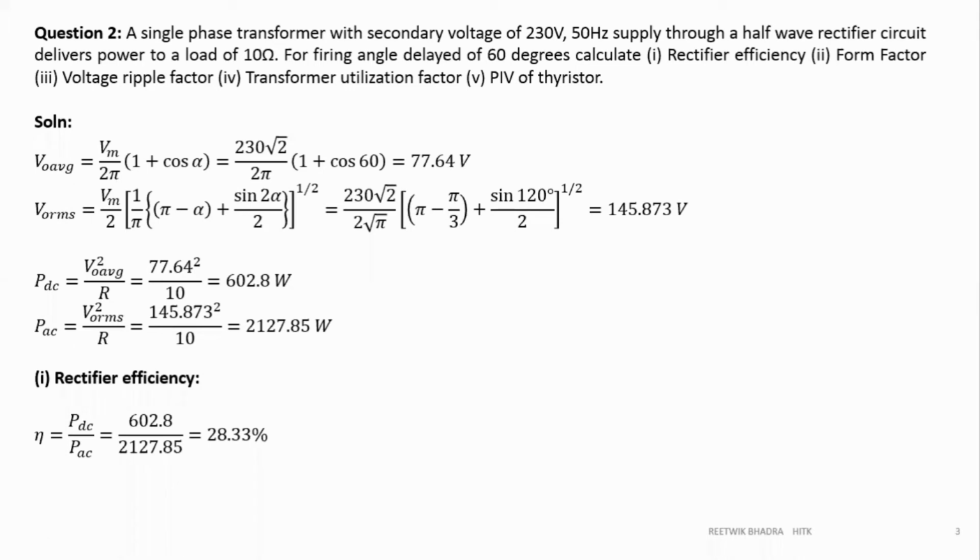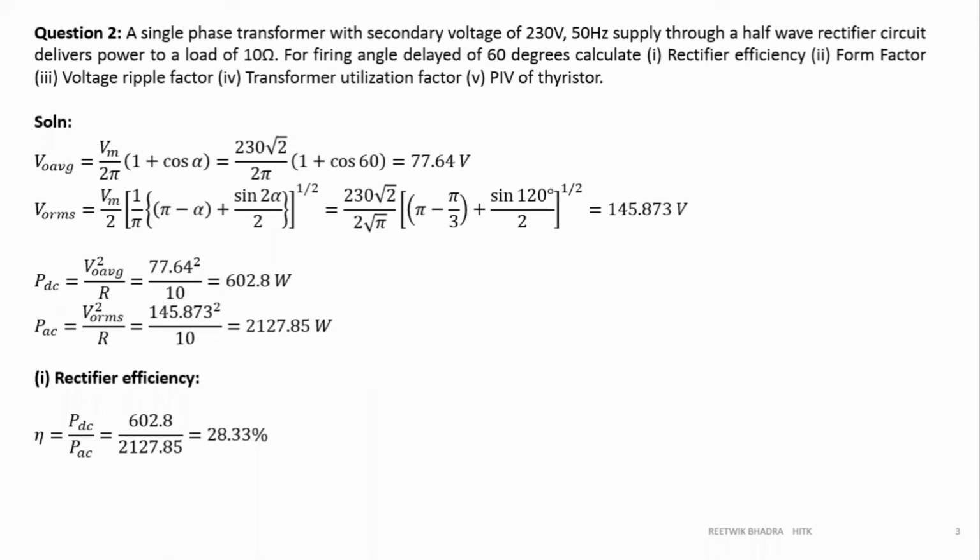Next thing that can be found out is some of the parameters which we had not discussed previously, and I told you in the problem we'll discuss. Some parameters which can be found out are rectifier efficiency, form factor, voltage ripple factor, transformer utilization factor, and peak inverse voltage. Why is this important? Because this estimates the performance of your rectifier, how good it is.